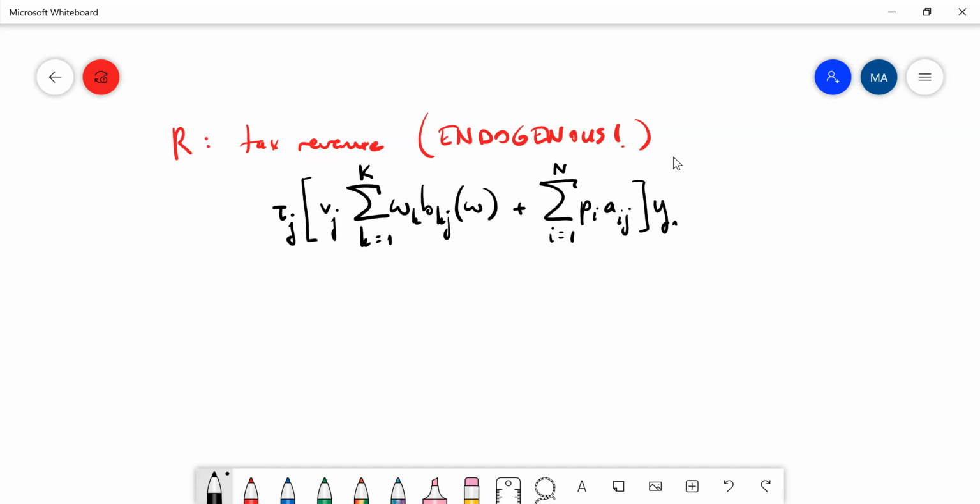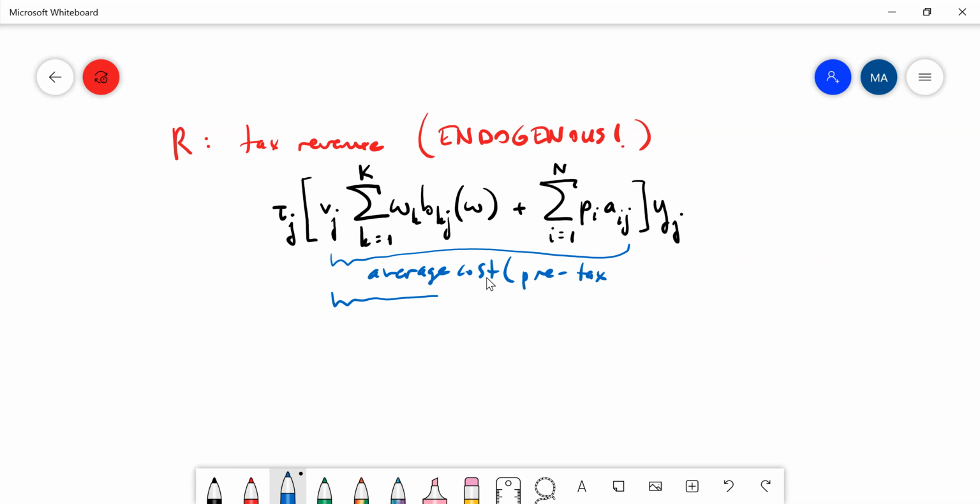For total cost, I write this, right? So let me be specific. This is average cost pre-tax, before the tax, okay?